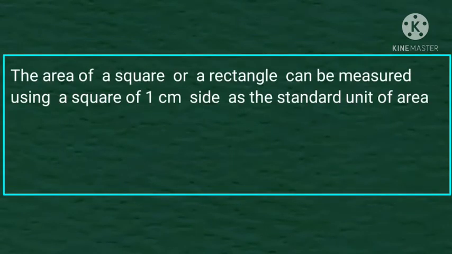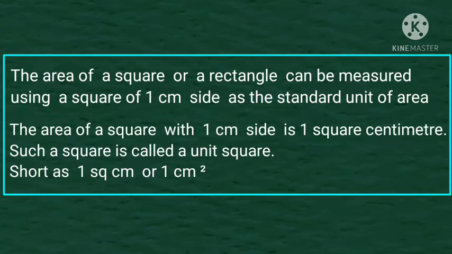The area of figures such as a square or rectangle can be measured using a square of 1 centimeter side as the standard unit of area. The area of a square with 1 centimeter side is 1 square centimeter.